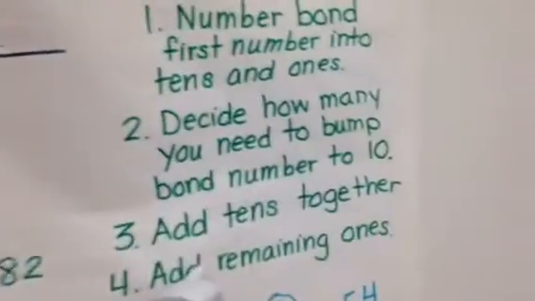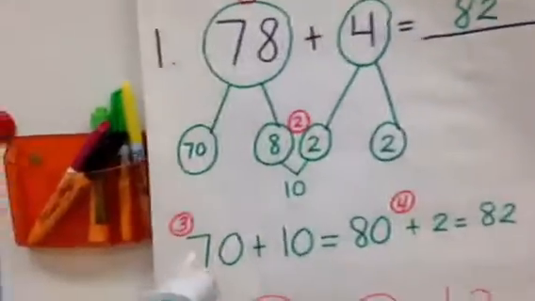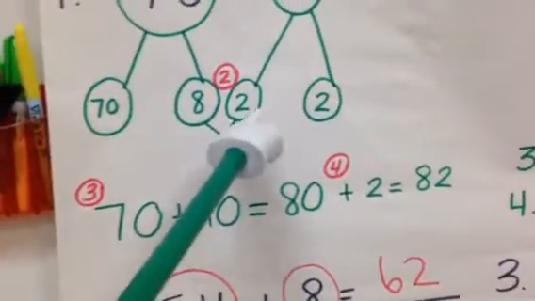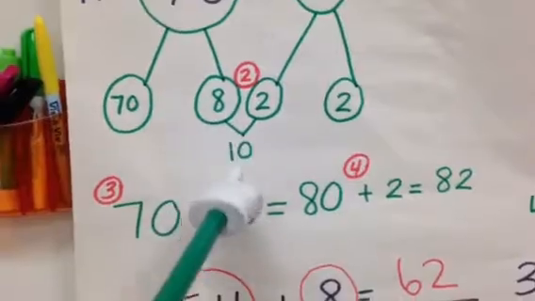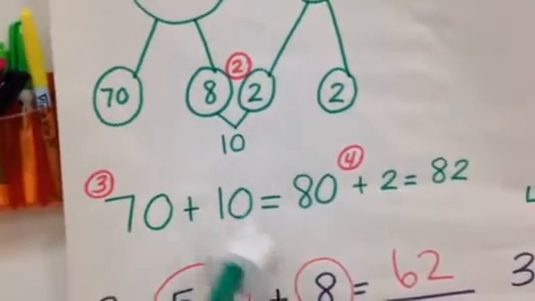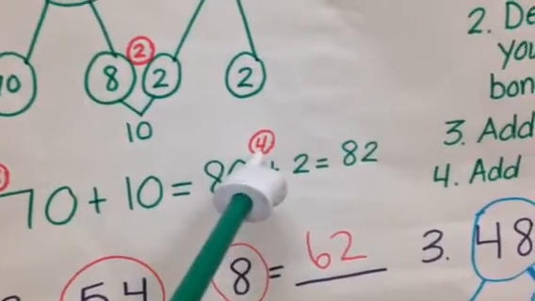Now we have to look at number 3. We add the tens together. So we know that we have 70 here, that's one of our tens, that these two numbers are always going to equal 10. So we add that, and that equals 80. 70 plus 10 equals 80. Awesome. Let's look at our number 4 step.